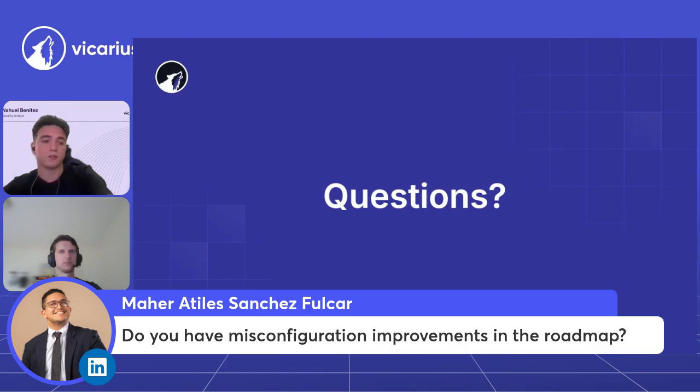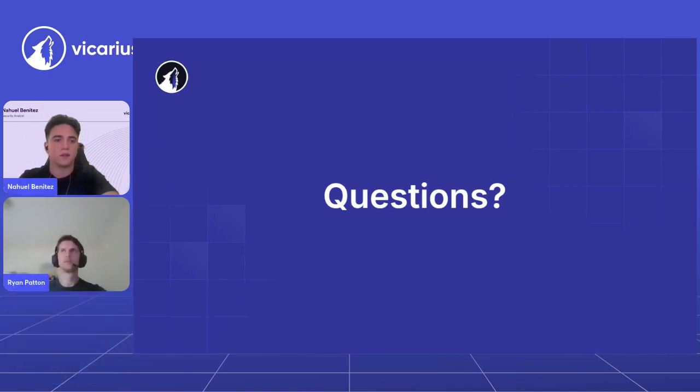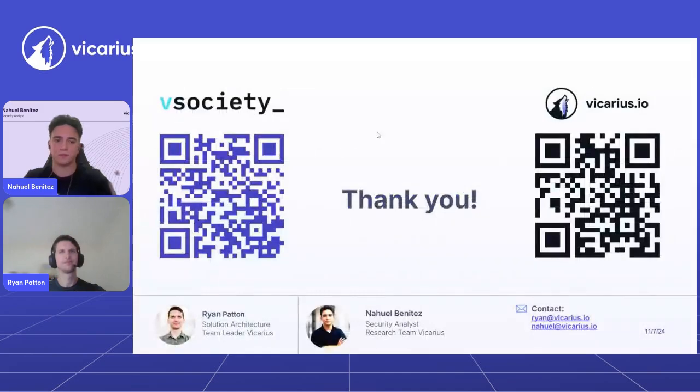These are the categories that not only allow us to organize the public library, but also allow our users to know what kind of scripts we are going to keep adding. So yeah, there is a category that aims to fix configuration problems. So yeah, I think we can leave it here.